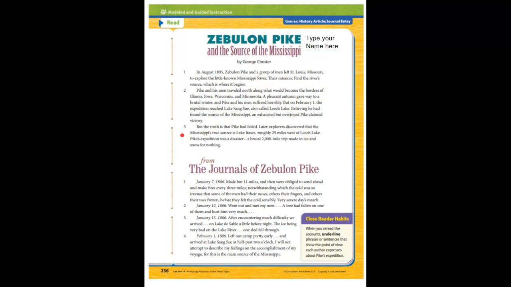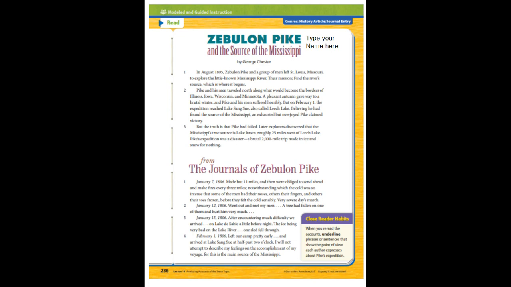We're going to go to paragraph 3. Paragraph 3 states, but the truth is that Pike had failed. See, we called it. Later, explorers discovered that the Mississippi's true source is Lake Itasca, roughly 25 miles west of Leech Lake. Pike's expedition was a disaster, a brutal 2,000-mile trip made in ice and snow for nothing.